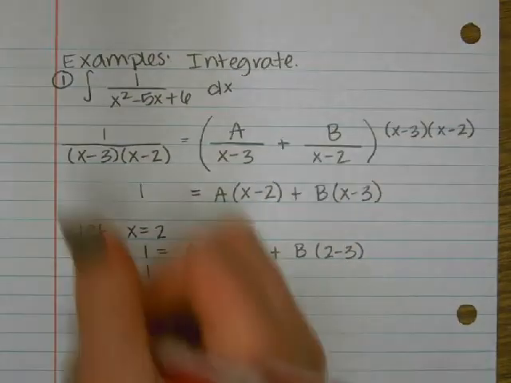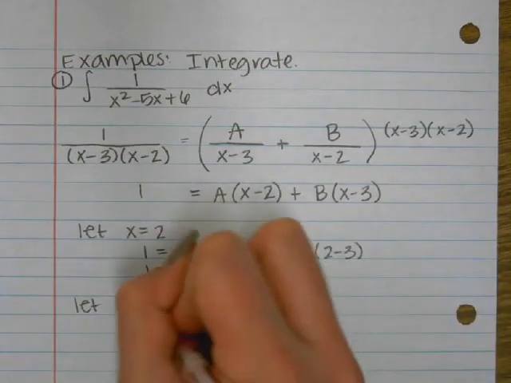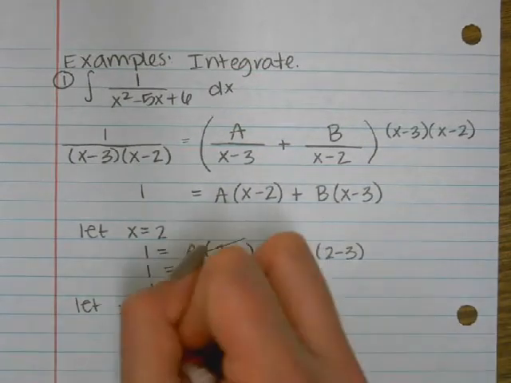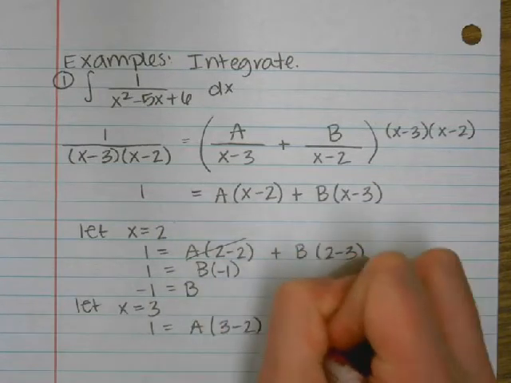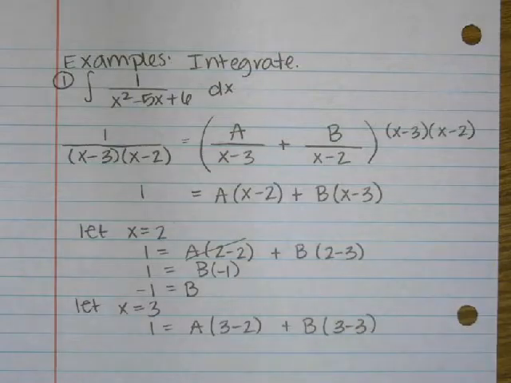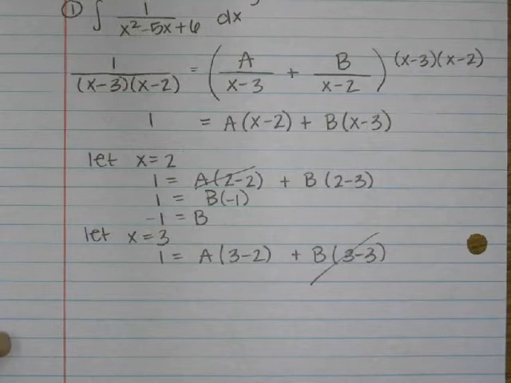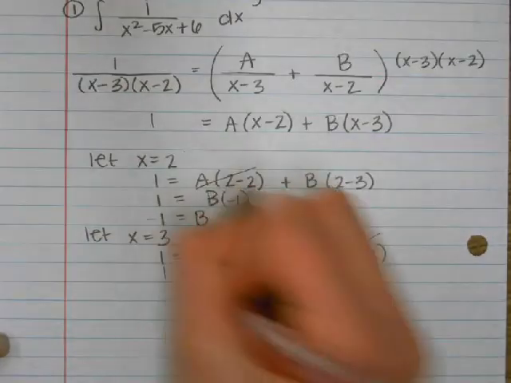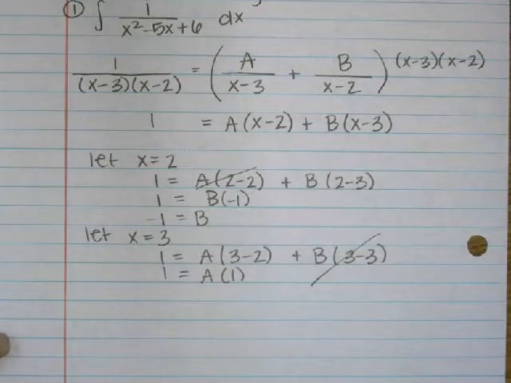To solve for a, I can go ahead and say let x equal 3. Then that leaves me with 1 equals a times 3 minus 2 plus b times 3 minus 3. My b term is 0. And so I have 1 equals a times 1, which is just a equals 1.